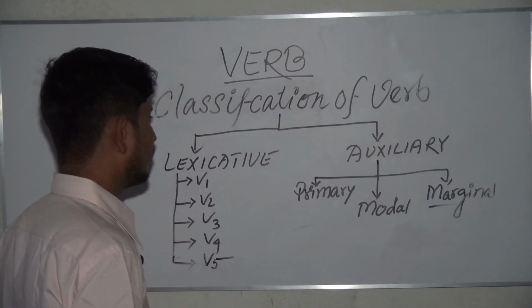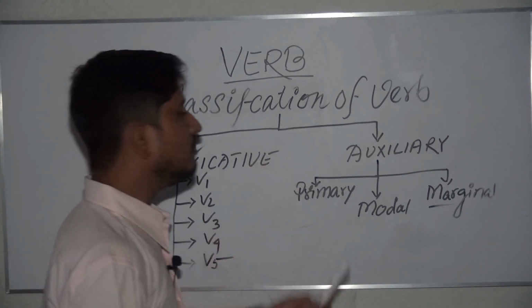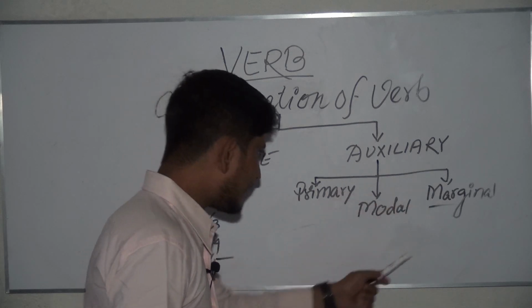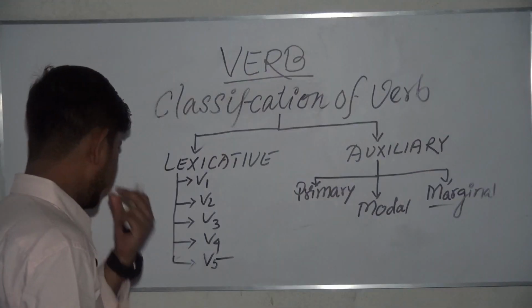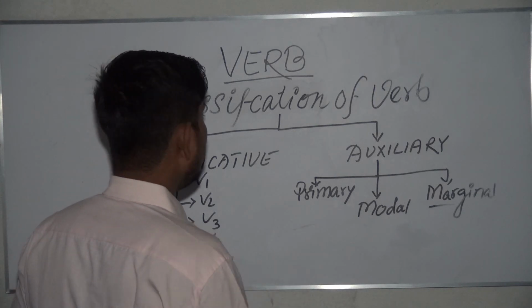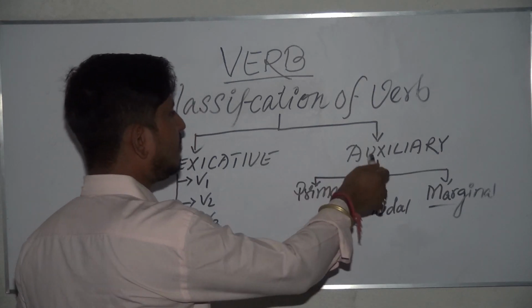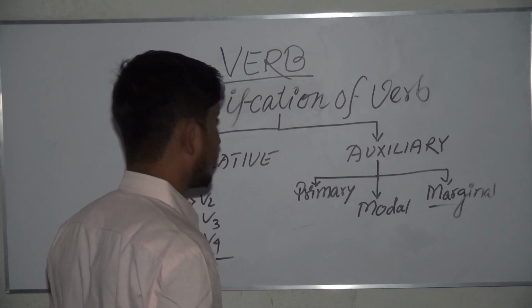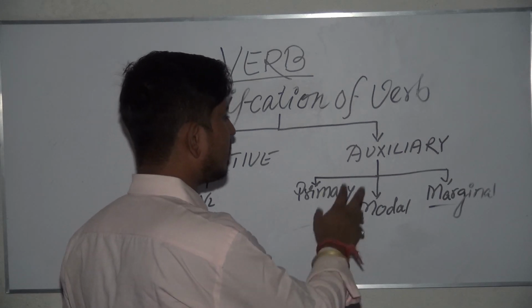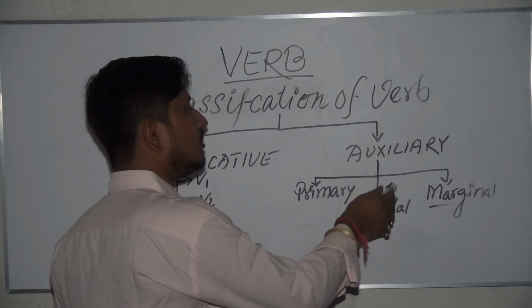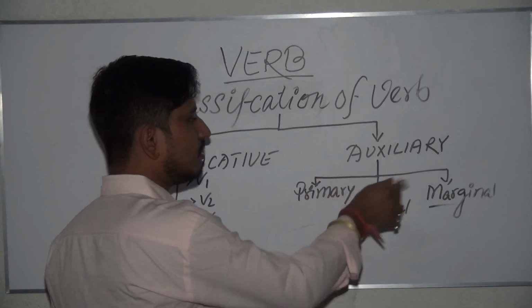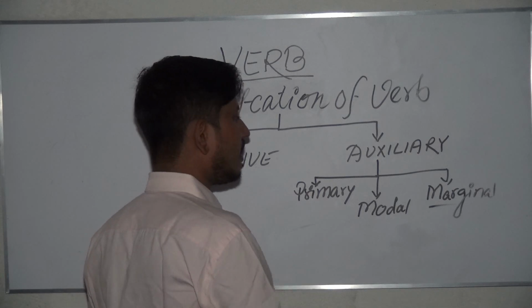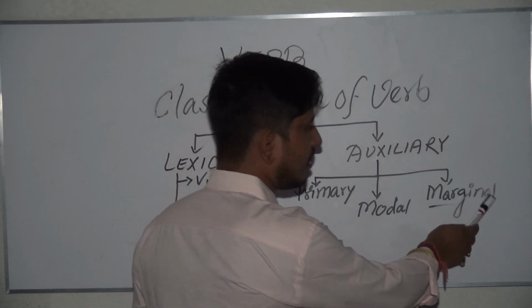So now we will discuss about the various classifications of auxiliary verb. Auxiliary verbs can be divided into 3 types: primary auxiliary, modal auxiliary and marginal auxiliary.